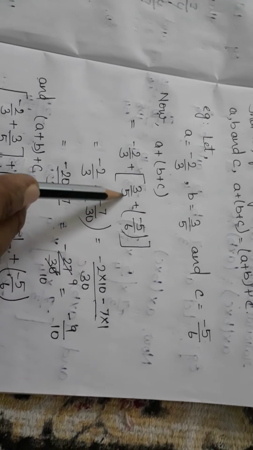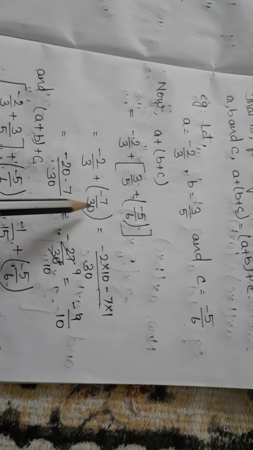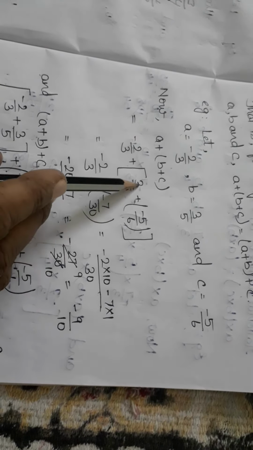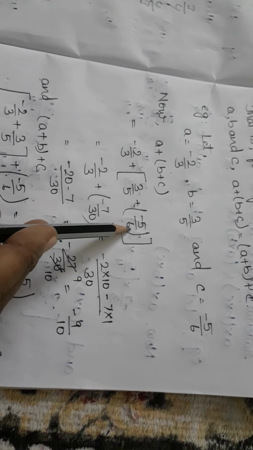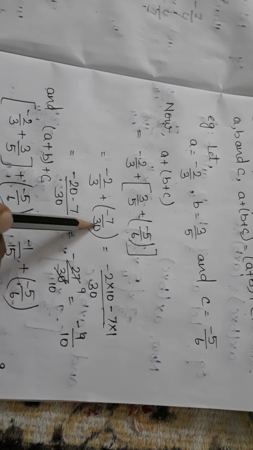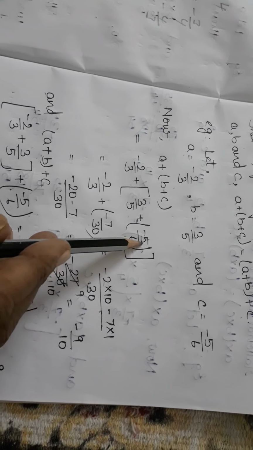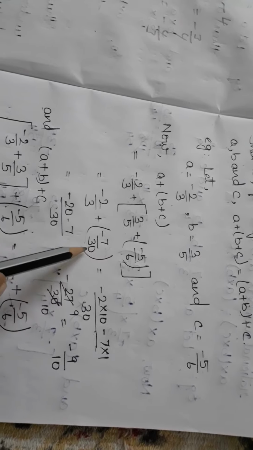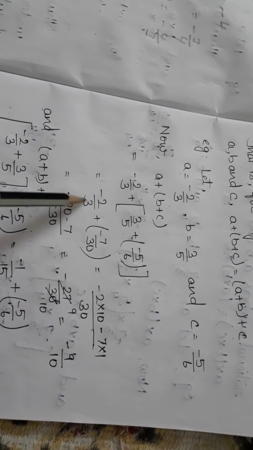So what is the LCM of 5 and 6? 30. Now 5 into 30, 6 times; 3 sixes are 18, minus 18. 6 into 30, 5 times; 5 into 5, 25. So what is the sum? Minus 7 by 30. Now you have to add this.